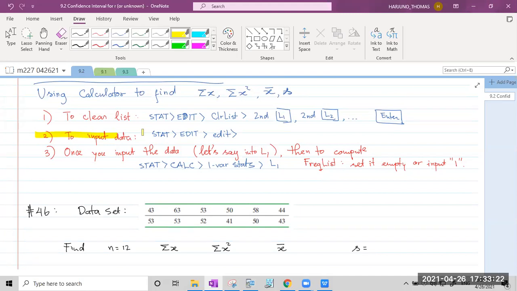If you input the data in L2, the second list, then of course you ask the calculator to compute one var stats of L2 instead of L1. Okay, the frequency list, either you set it empty or input 1. If I were you, I would just leave it empty. Okay, let me ask you to do this. I give you 1 to 3 minutes from now.